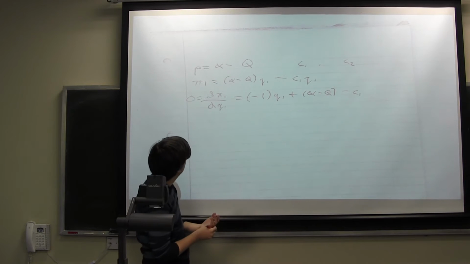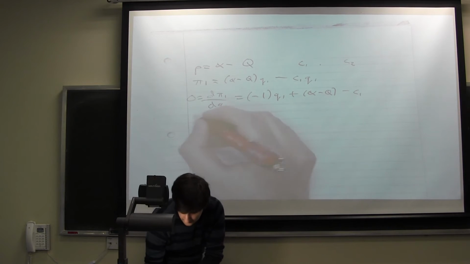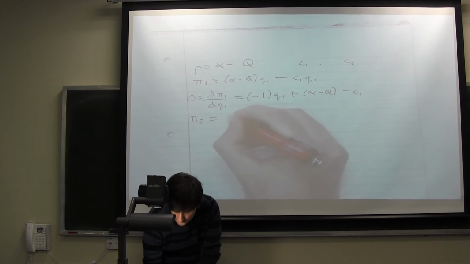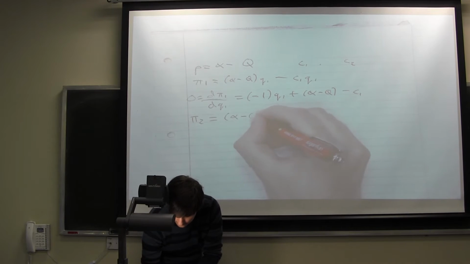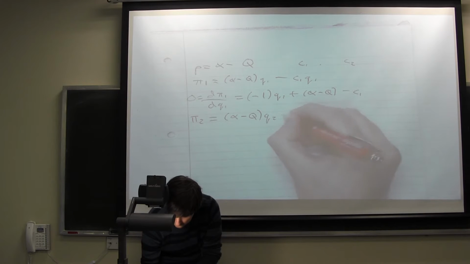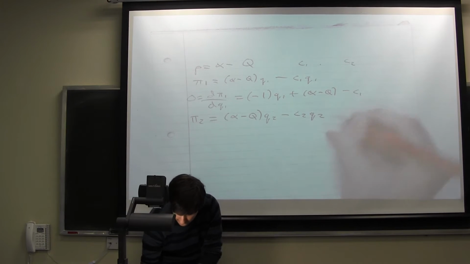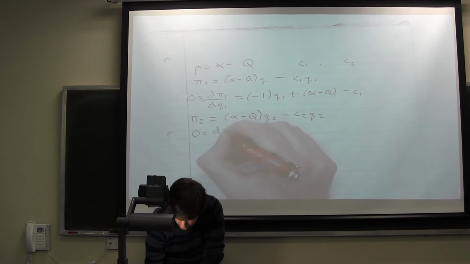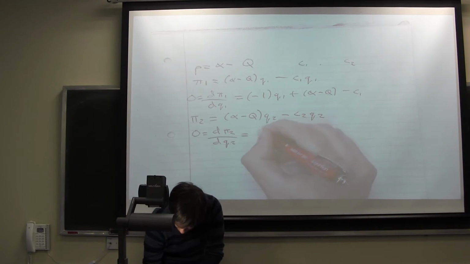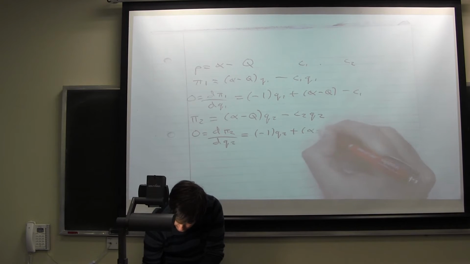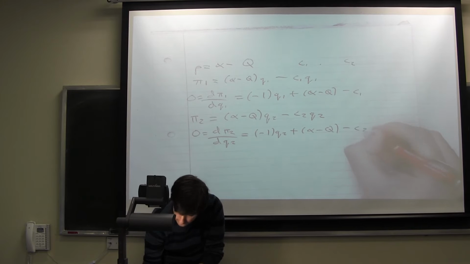So this is the first order condition for firm 1. You have an identical problem for firm 2. Profits for firm 2 were this thing, and the first order condition is going to be exactly the same, so minus 1 times q2 plus alpha minus capital Q minus c2.